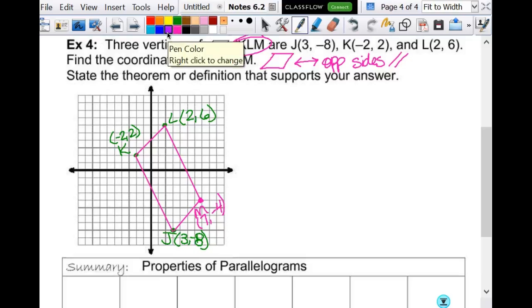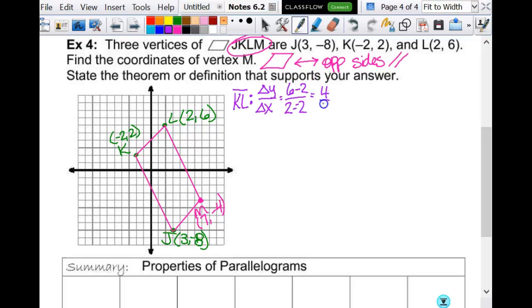So we'll start with KL. That's going to be delta y over delta x, which would be 6 minus 2 over 2 minus a -2, which will be 4 over 4, which is 1. And by itself, that doesn't really mean anything.